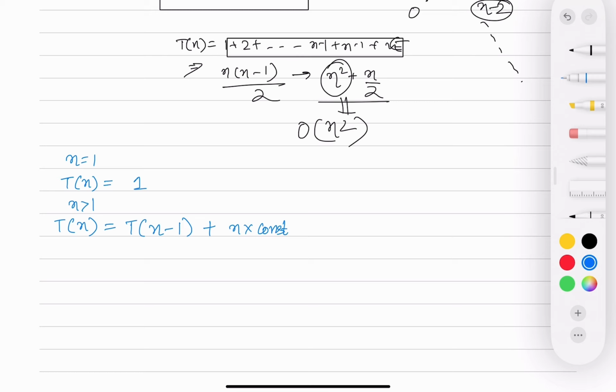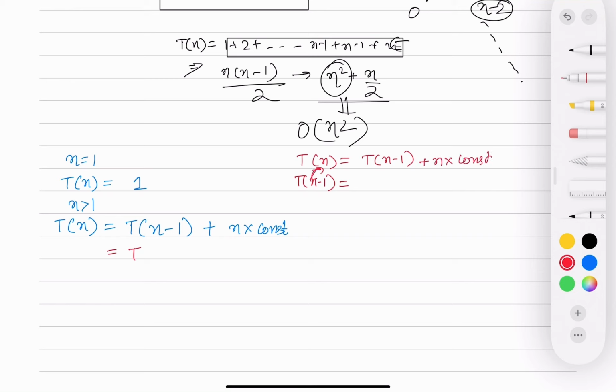Because in every iteration I am just reducing the size by 1. In the next iteration I will reduce it again, so I'll just write for your safety, T of n becomes T of n minus 1. Now instead of n you have n minus 1. So if you put it here, you will get n into constant.